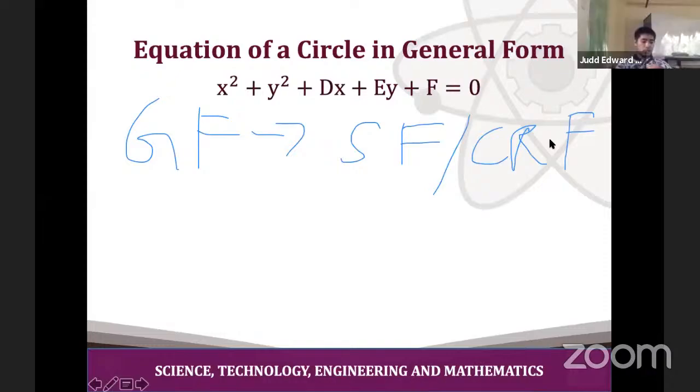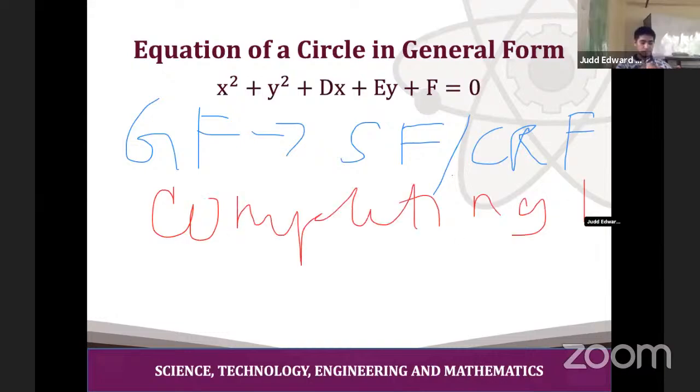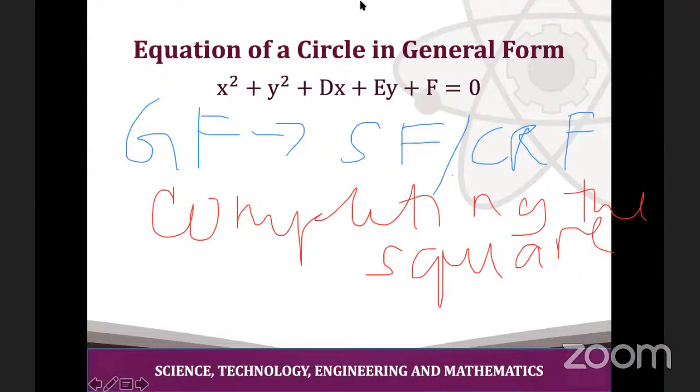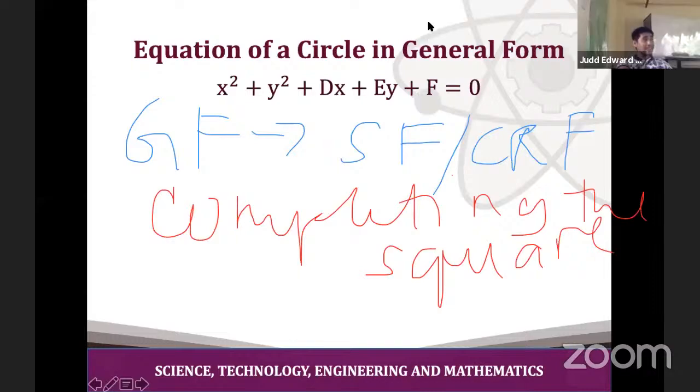We will be using completing the square. And what is the formula if we are completing the square? Anyone? What is the formula? Ax squared plus bx plus by plus c. Is that the formula? That is the quadratic formula, Mr. Dizon. But that is not how we complete the square. Ano yung ginagamit natin for completing the square?